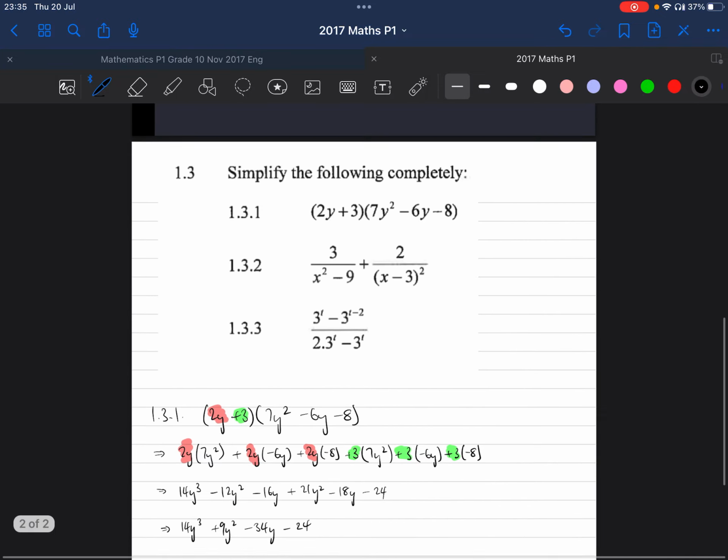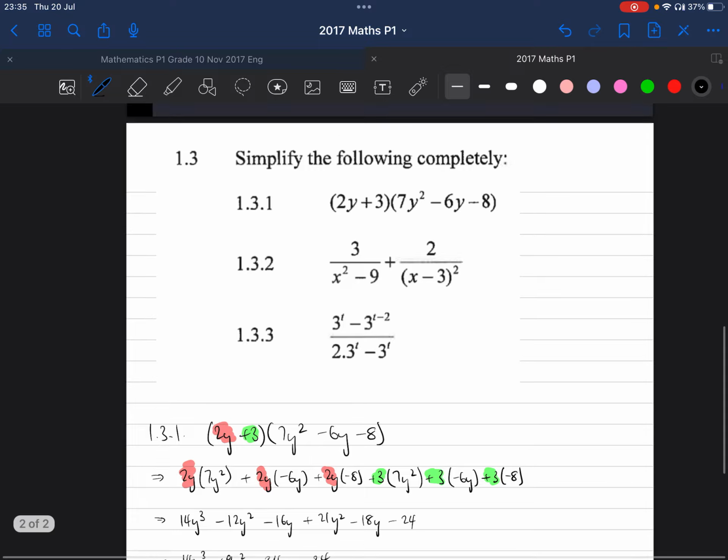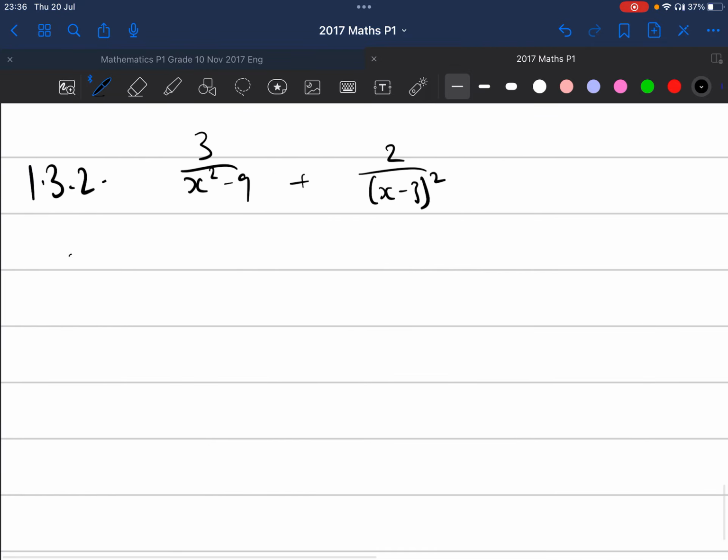So we have 3 over x squared minus 9 plus 2 over x minus 3 squared. Let's see if that's right. Okay, the trick with these questions is to see how we can simplify everything. If we look at those two denominators, we can see that there are some simplifications we can do.